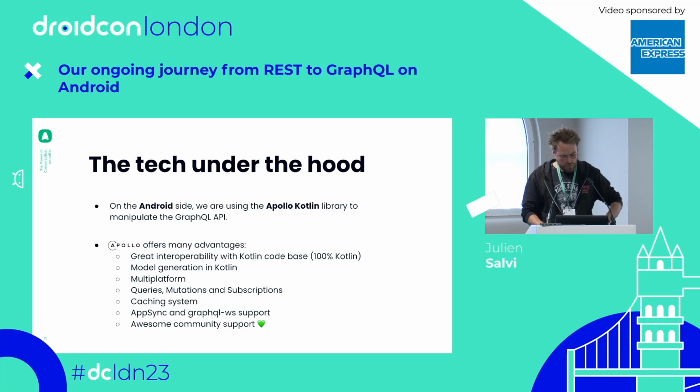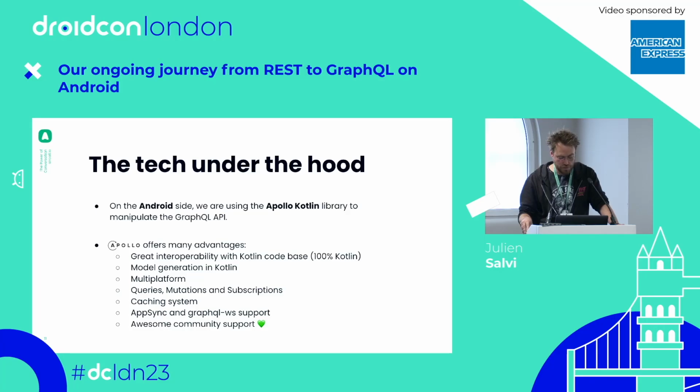But on the Android side, to deal with our GraphQL API, we chose to go with Apollo Kotlin. Many advantages, just to list a few. Great interoperability with Kotlin: the SDK is built 100% with Kotlin. Model generation is in Kotlin.